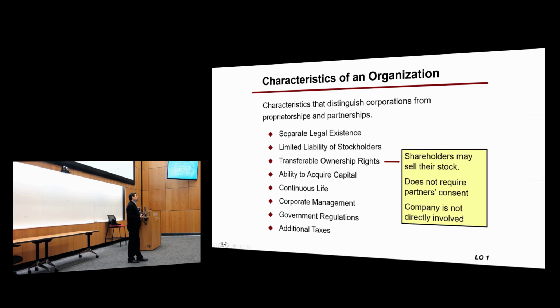Whereas if you buy stock, you do not need anyone's approval to sell it to someone else. So ownership rights are transferable without the need to get any approval. It's much smoother and easier with corporations. And remember that the company is not involved when you sell your stocks to another investor.